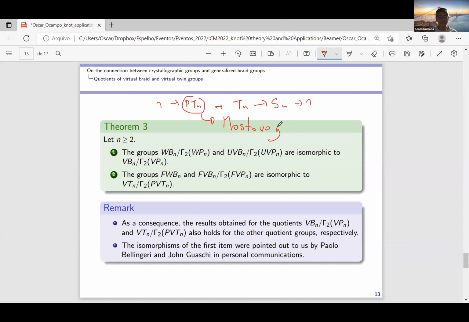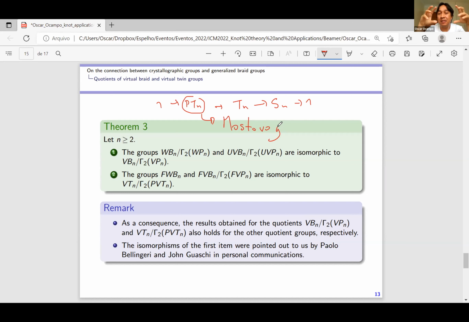I have the same question. The pure twin group is complicated, but how about modulo the commutator subgroup? Is it free abelian or finite torsion? Well, Professor Kamal, it is a good question. In fact, I don't know exactly how the abelianization is.